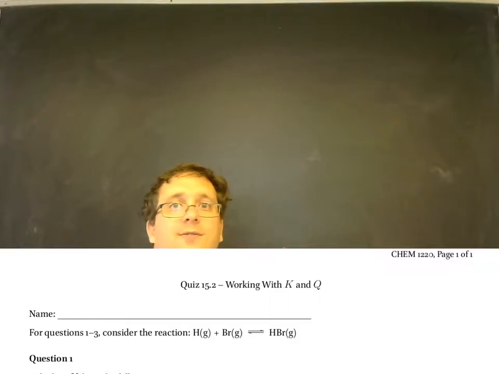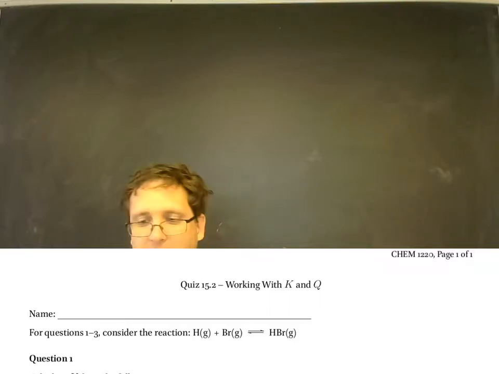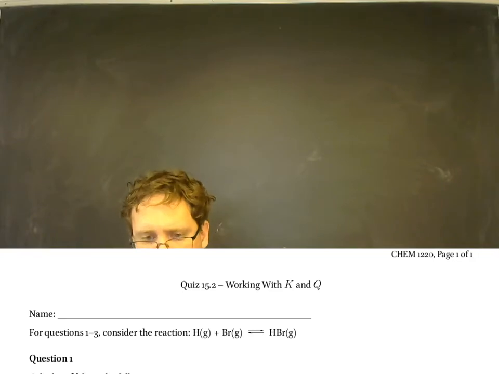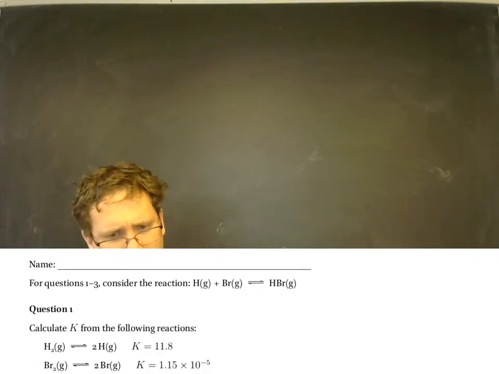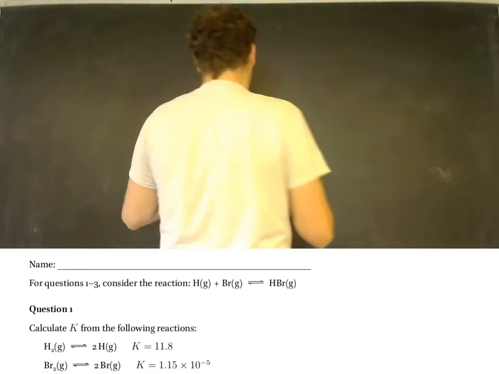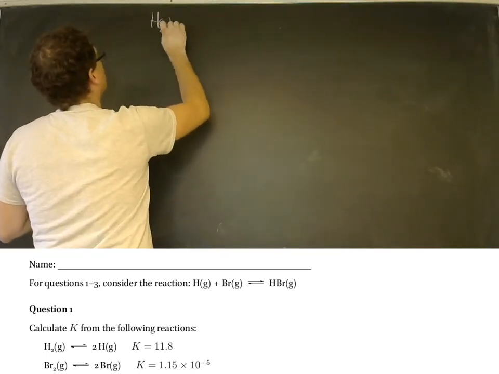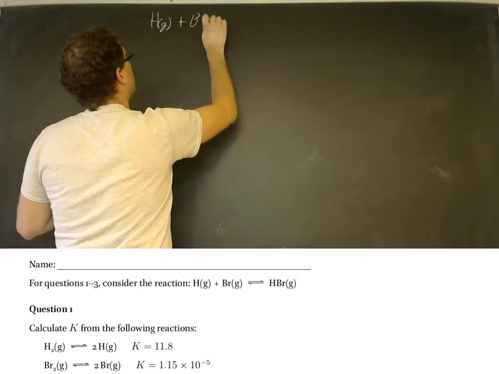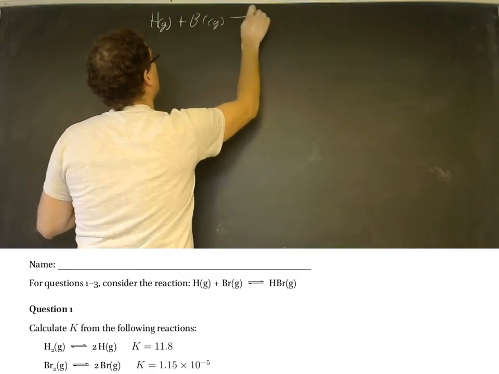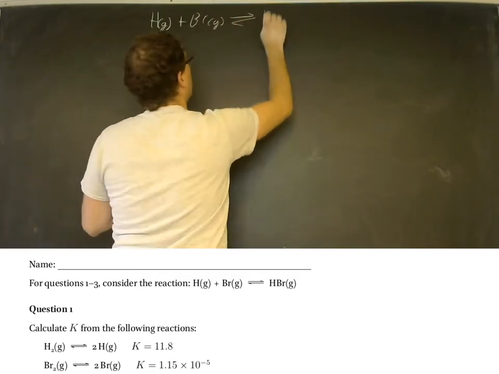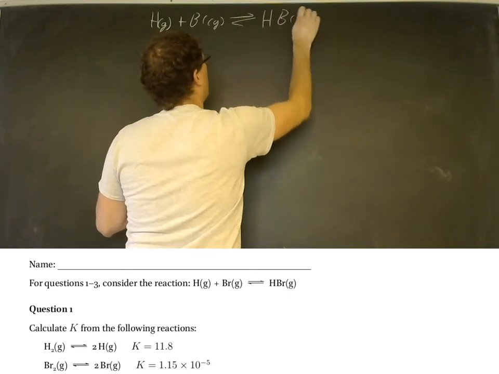Okay, quiz 15.2 is how to work with Q and K, a little bit mathematically. Here we have a reaction: H gas plus Br gas in equilibrium to form HBr gas.